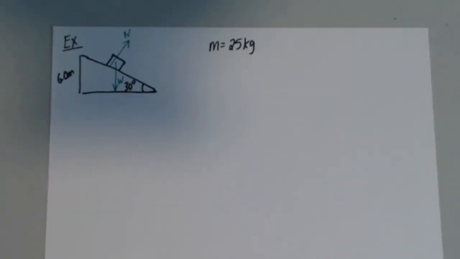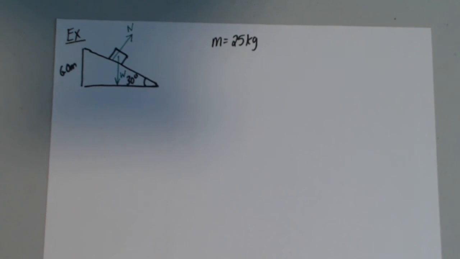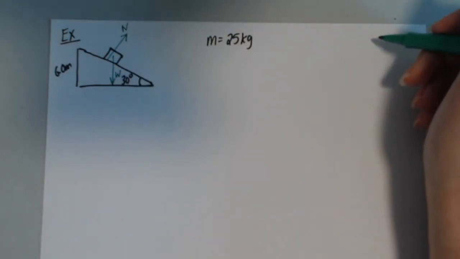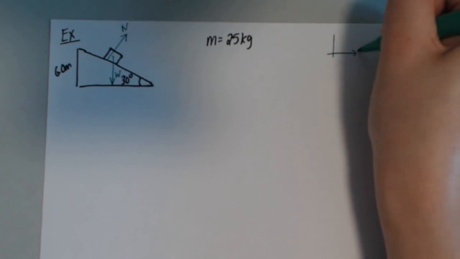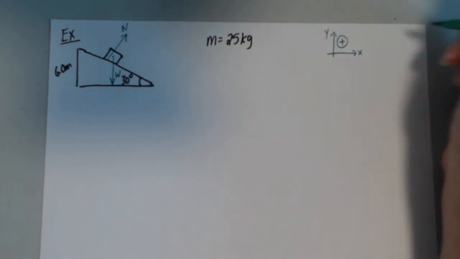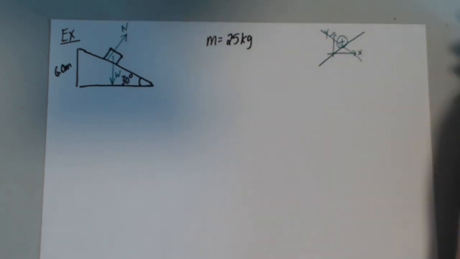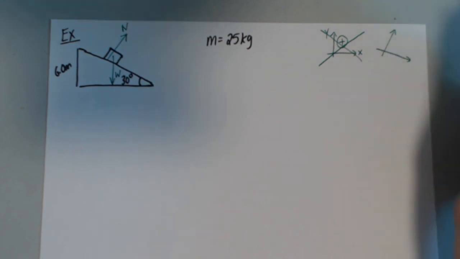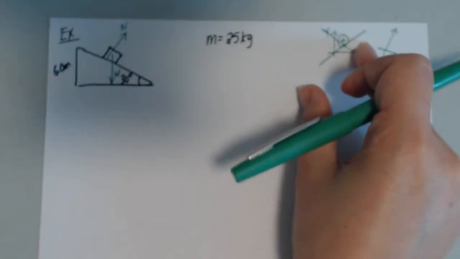For questions where you are dealing with an object on an incline, we always rotate our coordinate system. So instead of having a coordinate system where X is to the right and Y is up, we abandon this coordinate system for a new one. Our new coordinate system looks like the original one, just rotated.